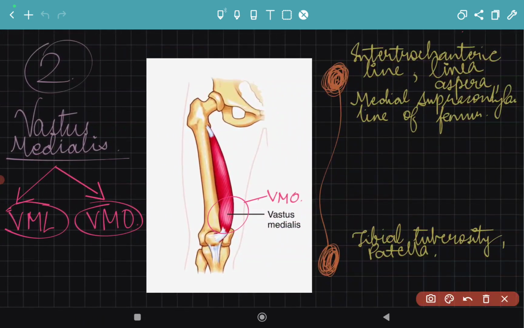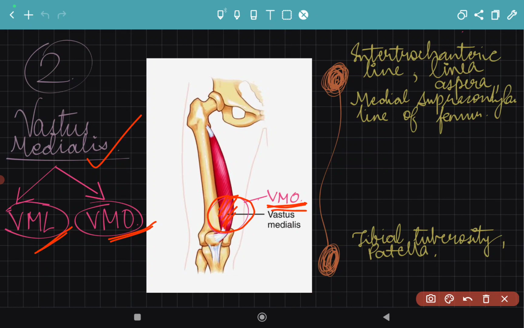Next comes the vastus medialis muscle. Let's have a look at the obliquus and longus muscles in this. There are two groups. Why are there two muscles, vastus medialis longus and obliquus? That is because of the distinct arrangement of fibers. In vastus medialis obliquus, the fiber arrangement is a little oblique, hence the name.